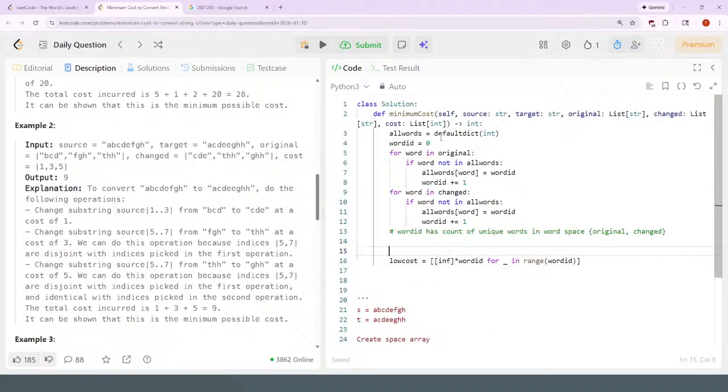This low cost is the lowest cost transition between any two words. I think that's correct.